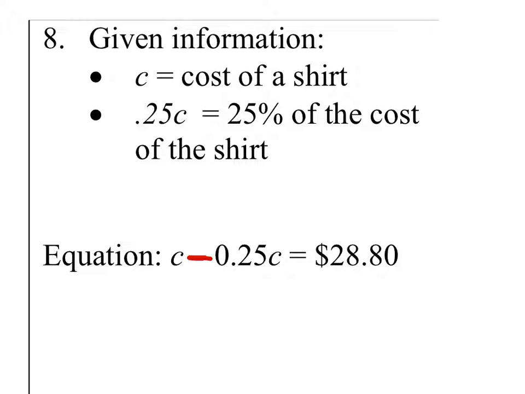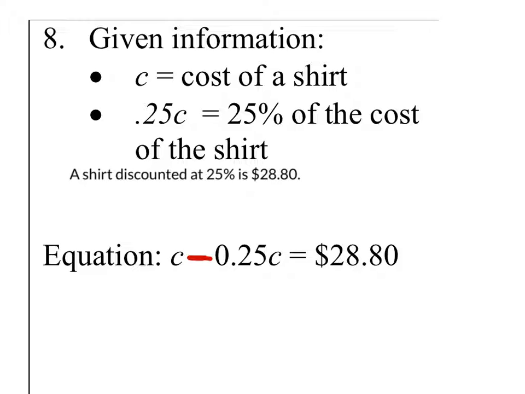So let's go ahead and write that in right here. So, a shirt discounted at 25% is, and that would be what it equals, $28.80.